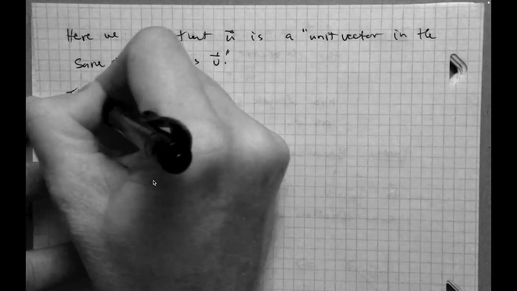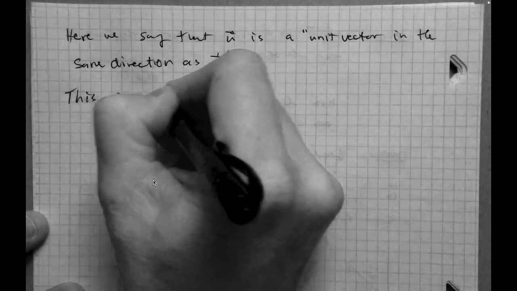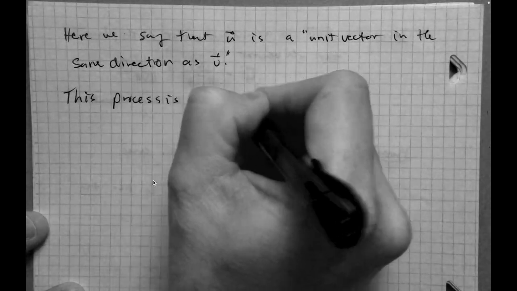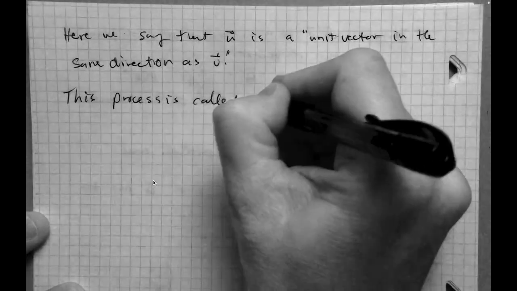This process of multiplying by 1 over the norm of v is called normalization of v.